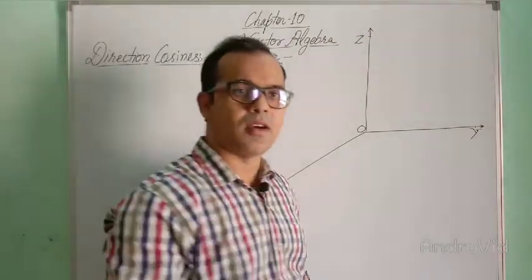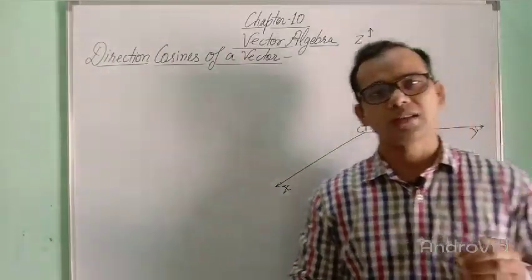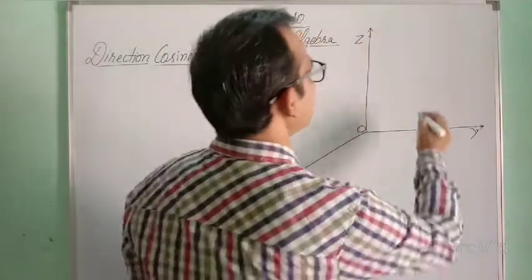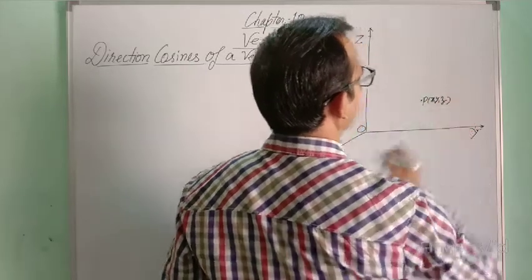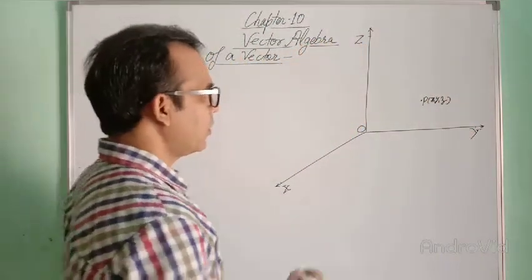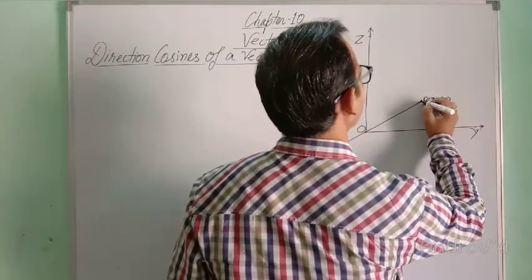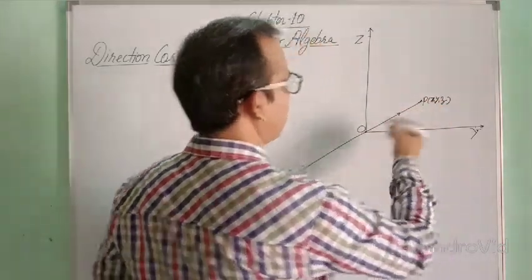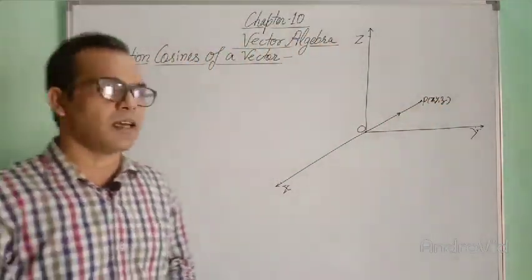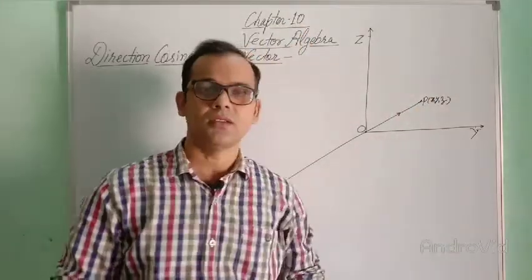Now consider a point P in space having the coordinates x, y, z. Now join this point P to point O. Then this OP vector will be the position vector of the point P with respect to origin O.